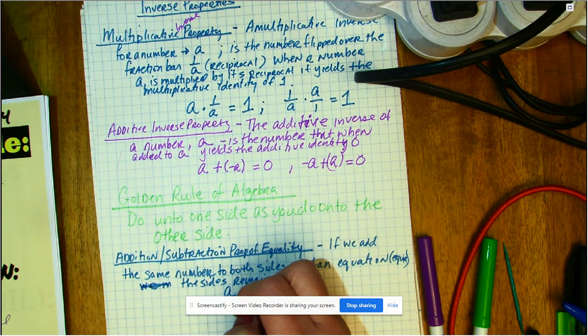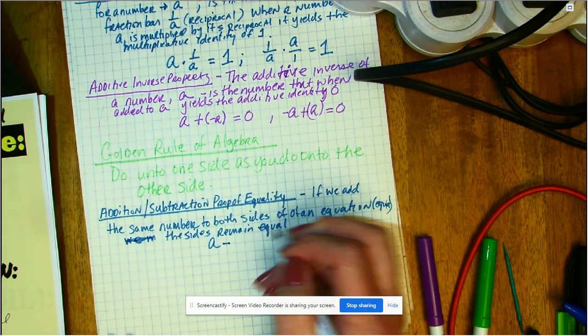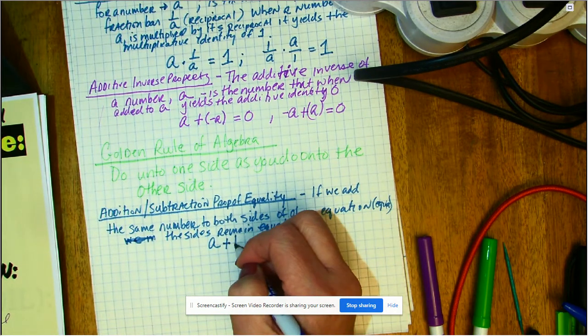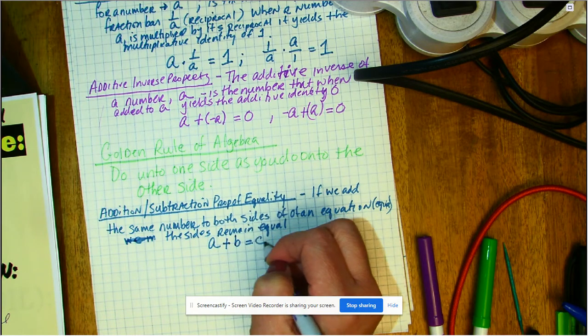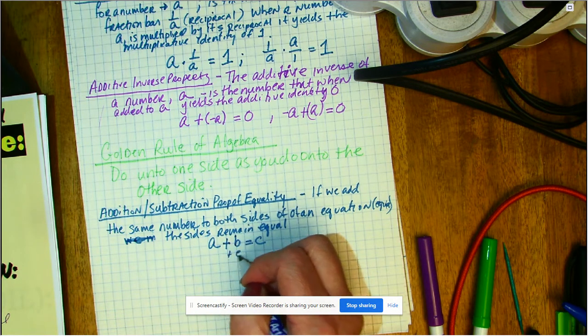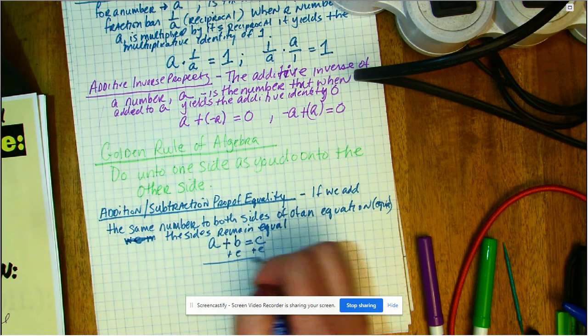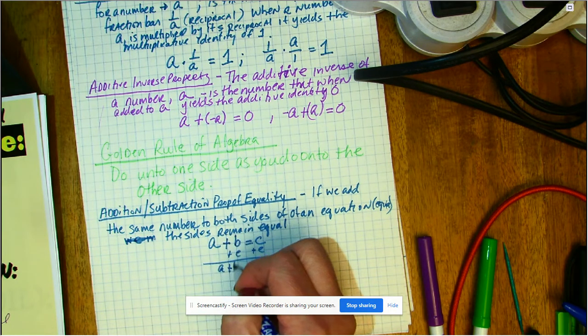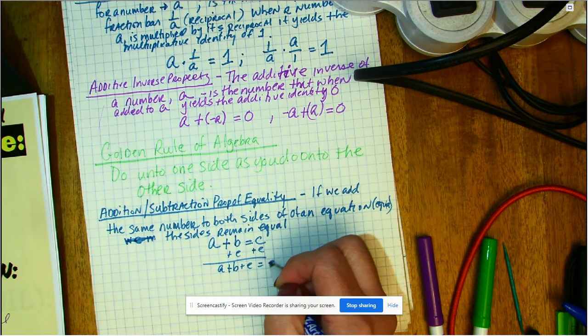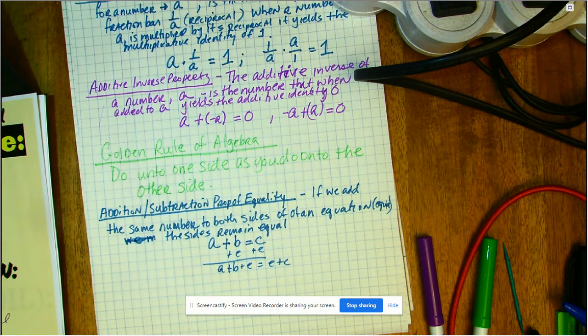So A plus B equals C. If I add E to both sides, I still remain equal.